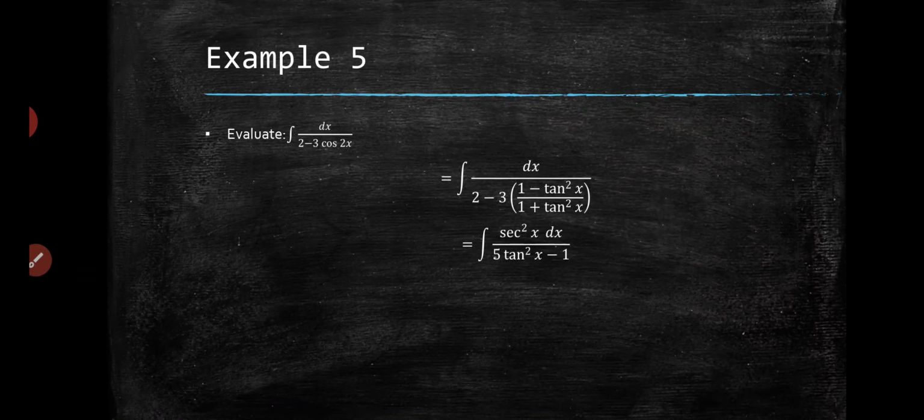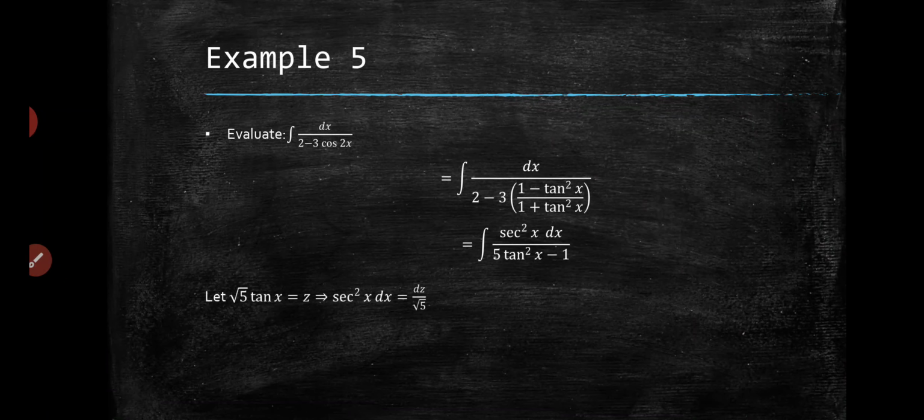Now obviously I need to take some substitution. 5 tan square x can be written as root 5 tan x whole square. So let me take root 5 tan x as z. Then sec square x dx becomes dz by root 5.